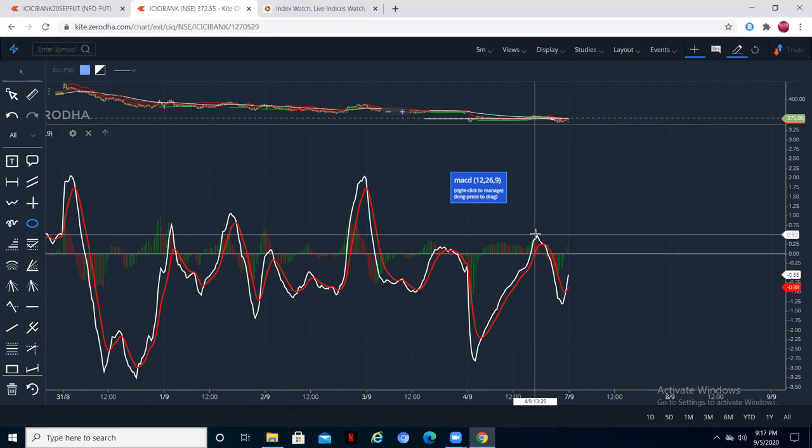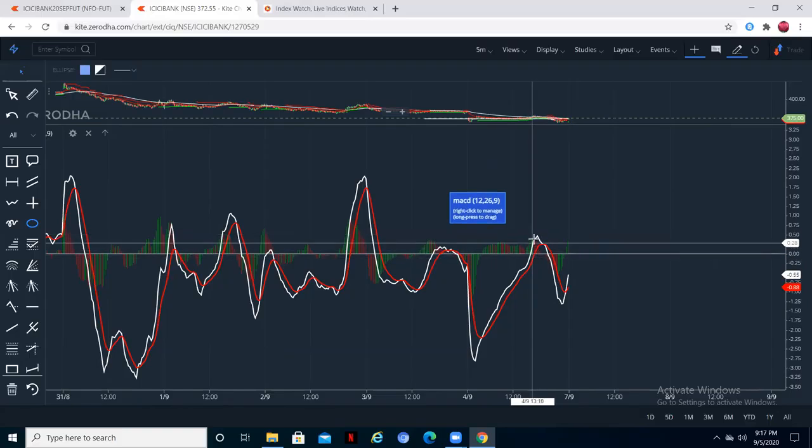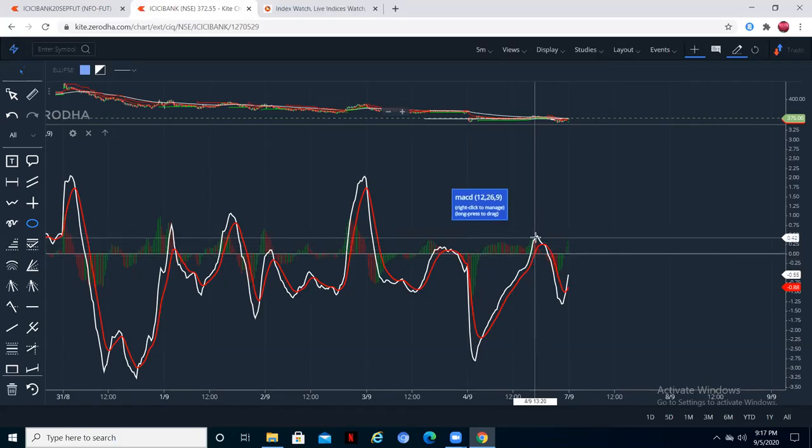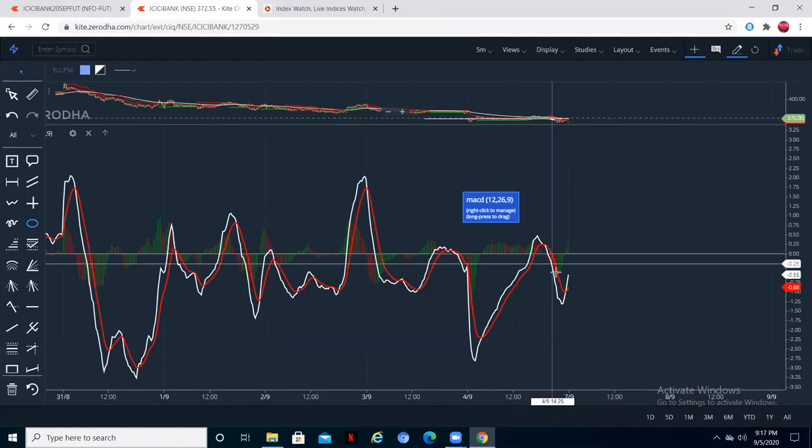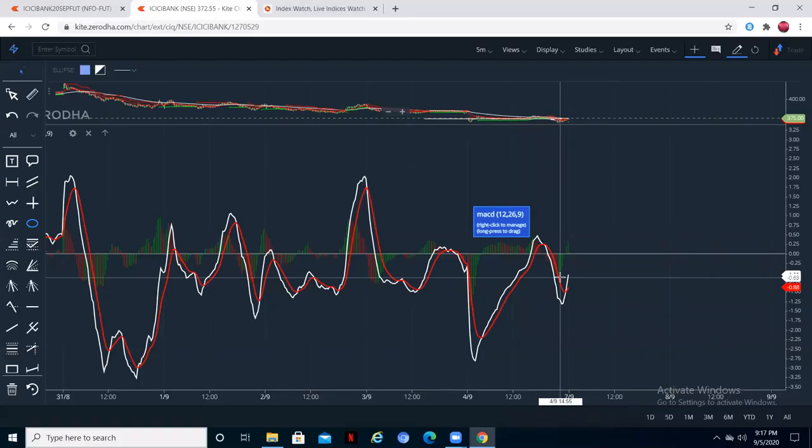In case you are finding a buying entry on the 1-minute chart, make sure MACD is moving above zero. In case you are finding a selling entry on the 1-minute chart, make sure MACD is moving below zero.